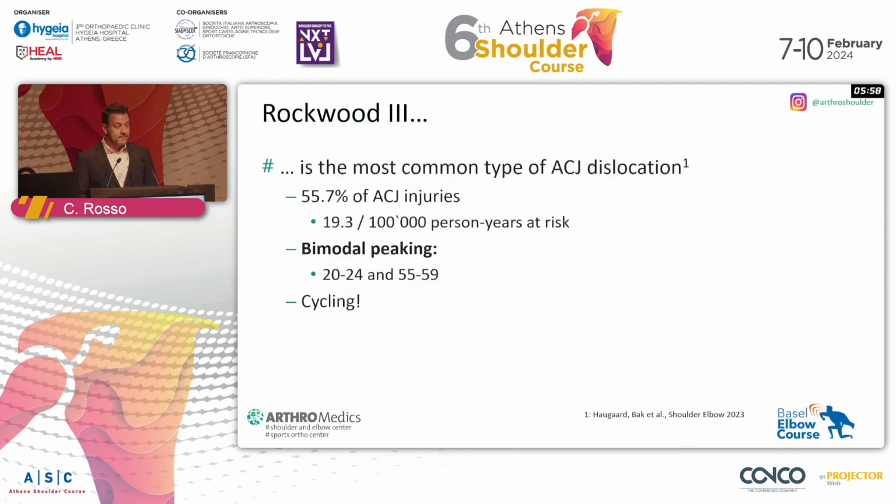So Rockwood 3, like Felix said, we just have a new publication coming out of Klaus Bak's group. It's one of the most common types of AC joint injuries. That's why Felix had a dedicated talk on this injury. And we have a bimodal peak, so we have the ages of 20 to 24 and 55 to 59. And the most common injury factor is cycling.